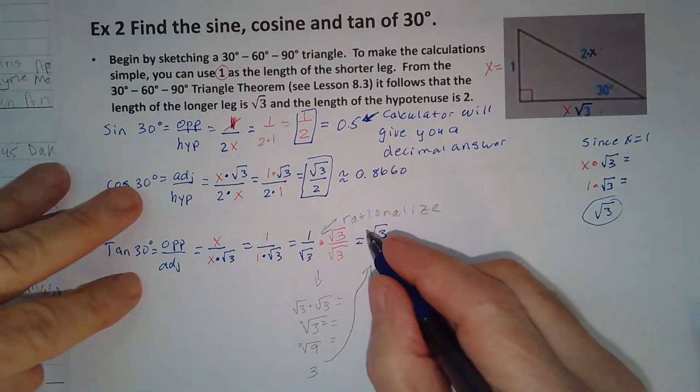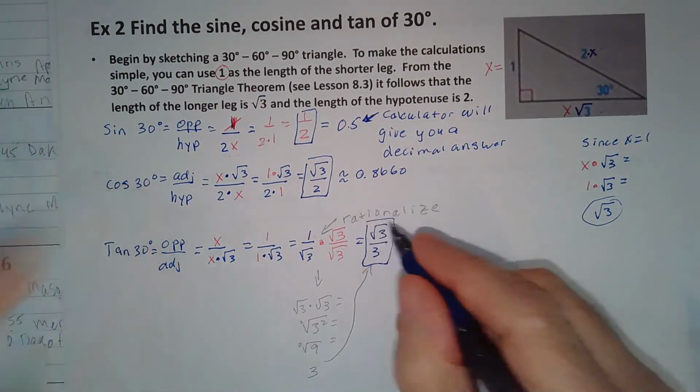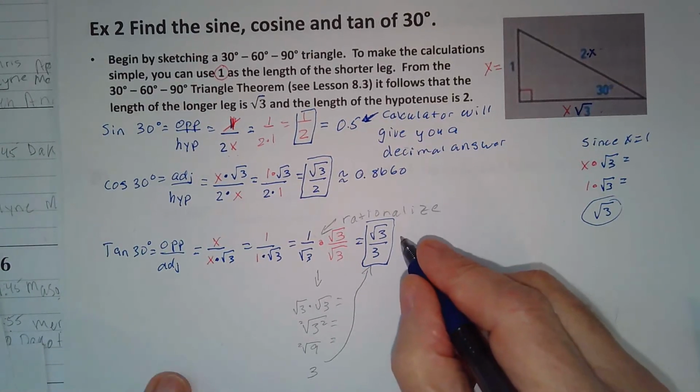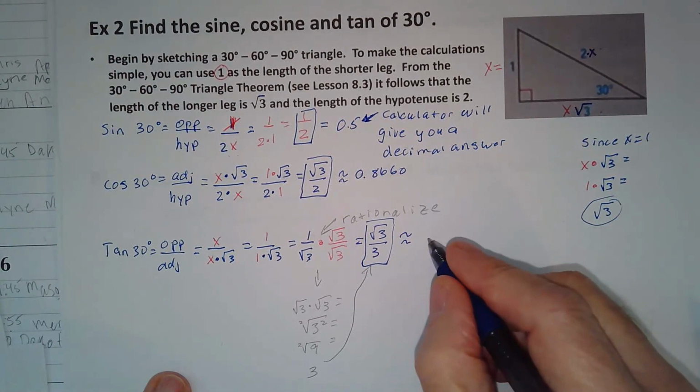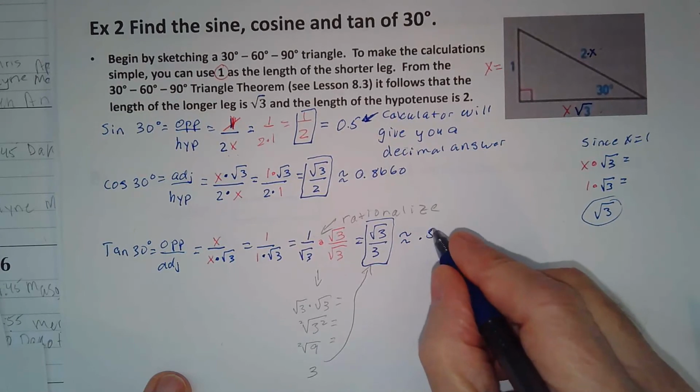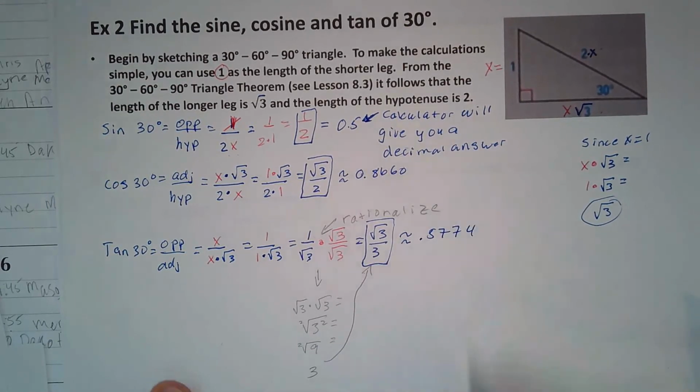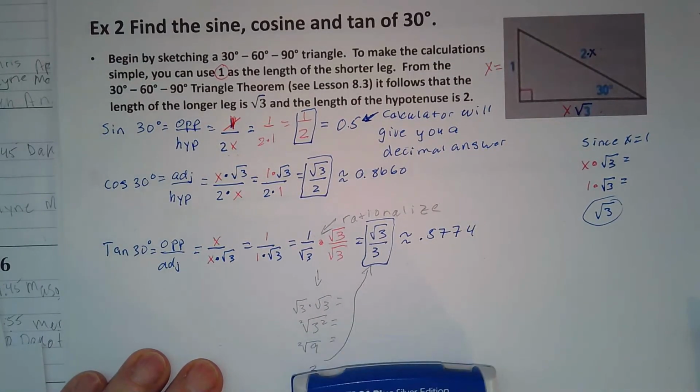So that's our answer. Now again, you could get the decimal answer. That's approximately 0.5774. And again, you would do that just simply by taking your graphing calculator. I'll just real quickly do it for once.